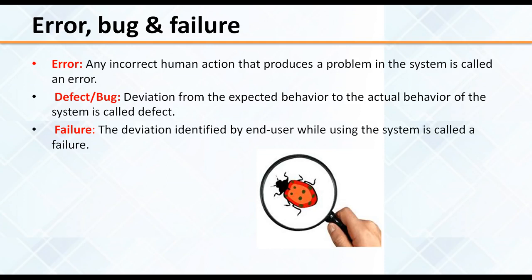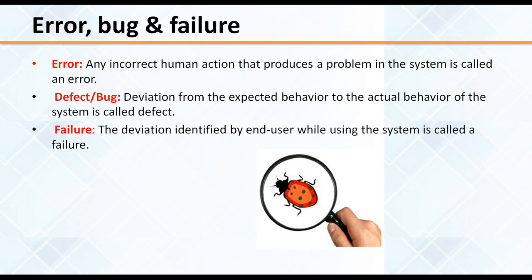So what is an error? Error is basically related to programming. Any incorrect human action that produces a problem in the system is called an error. So who is causing this particular error? A human is causing this error.